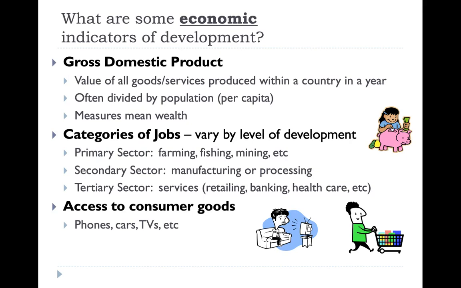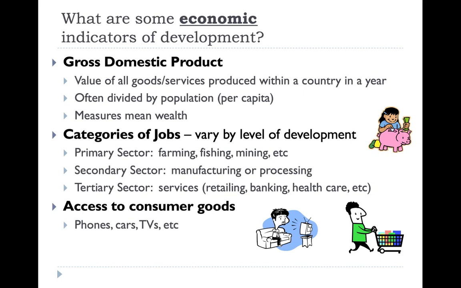So what are some economic factors? The first major economic factor that geographers look at when measuring development is the gross domestic product, or the GDP. The gross domestic product is the value of all goods and services produced within a country in 1 year. And GDP is often divided by the population, and we call that a GDP per capita.